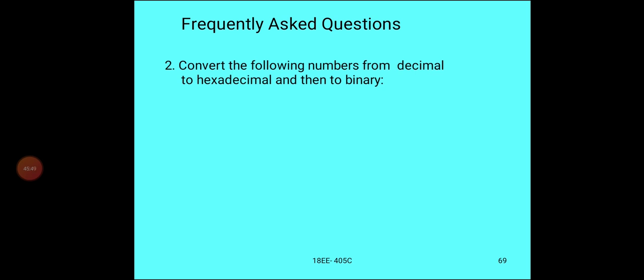Second question, convert the following numbers from decimal into hexadecimal and then to binary: A 375, B 249, C 27.125.